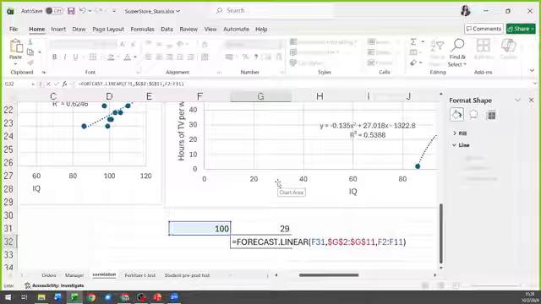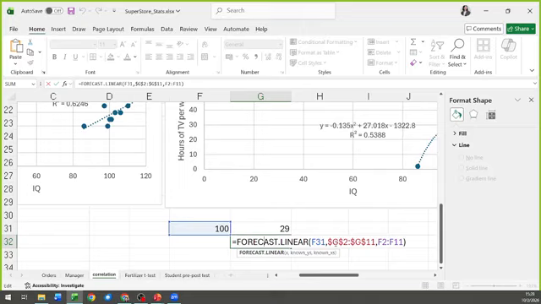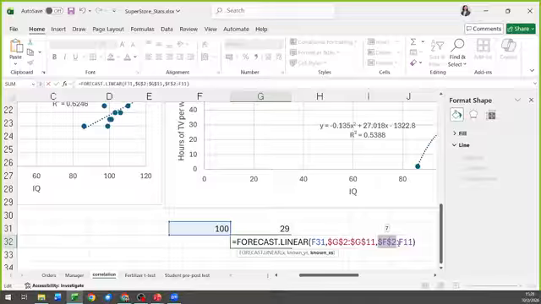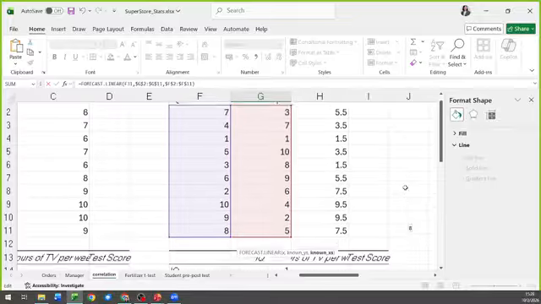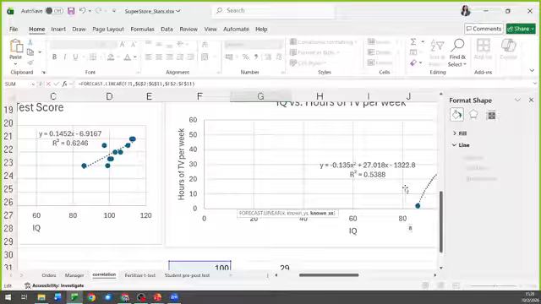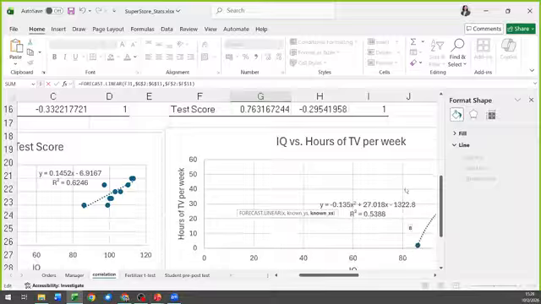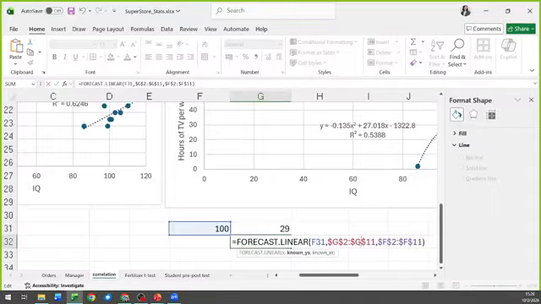Okay, what do I get? I get something different. Am I correct? It doesn't look like I got something correct. Known X, IQ, known Y, hours of TV per week. Oh, correct.